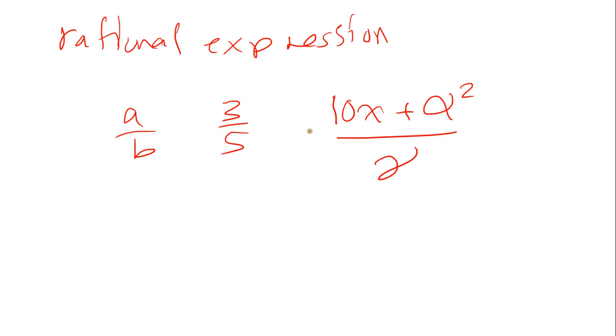These are all rational expressions. They're fractions, as you can see, they have a fraction symbol. Root word ratio. They're ratios, which is basically what fractions are. Nothing too fancy.